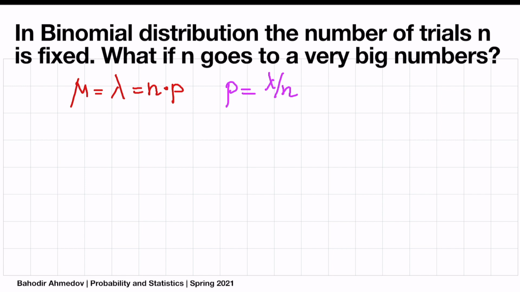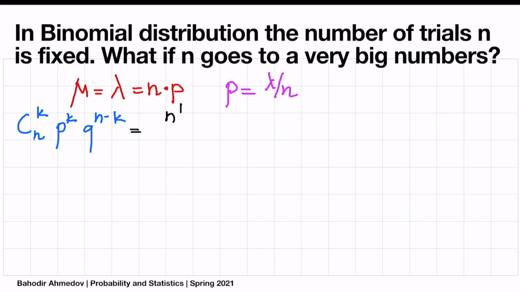Can you remind me what is the probability of having k successful trials out of n for the binomial distribution? It was C(n,k), p to the power of k, q to the power of n minus k. Do you remember this? So let's expand everything here.